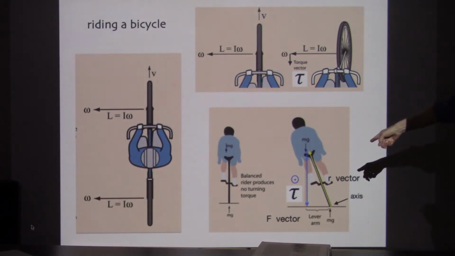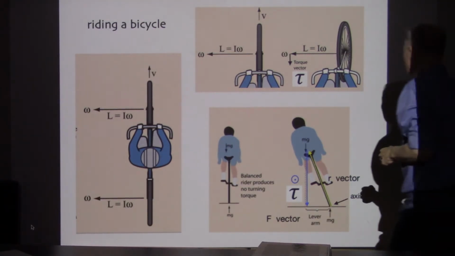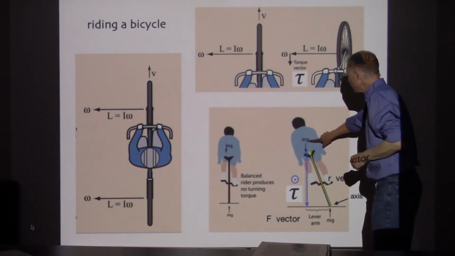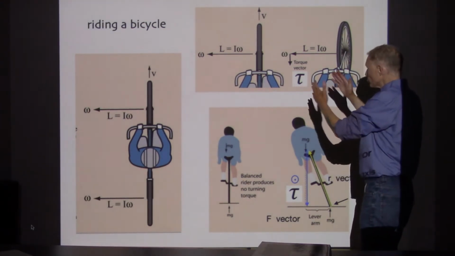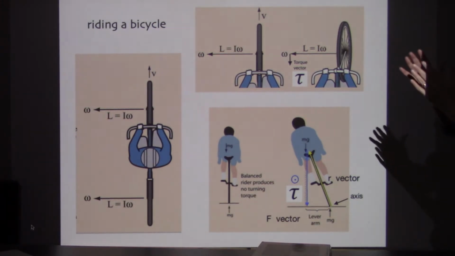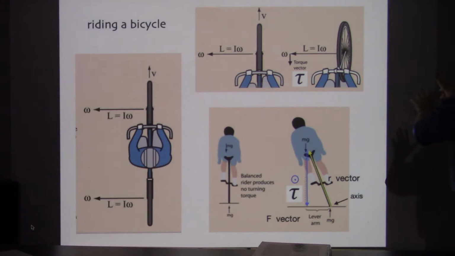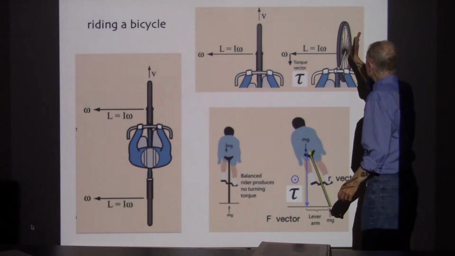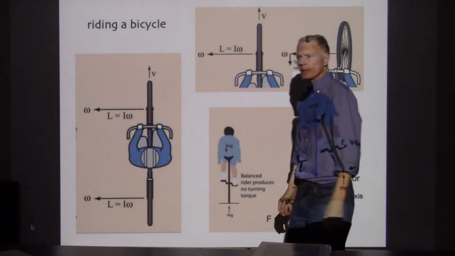Lean to the left. If I lean to the left, the torque produced by the gravitational force will turn the front tire for me. The wheel will turn to the left as a result of the torque. What happens if I lean to the right? The torque produced will reorient the front tire so that it's angled off to the right.